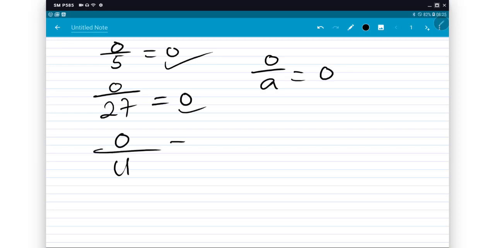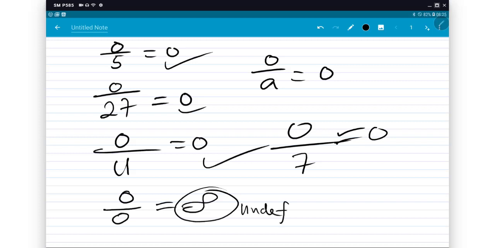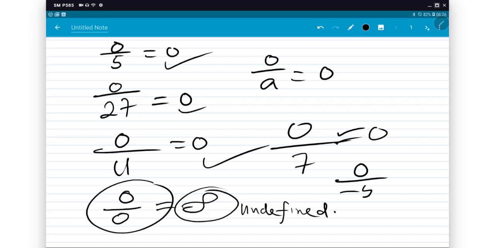The only difference is that 0 divided by 0 has no solution. It's undefined, because 0 cannot divide itself. Even 0 divided by a negative number will still be 0. So when your numerator is 0, the result is 0.